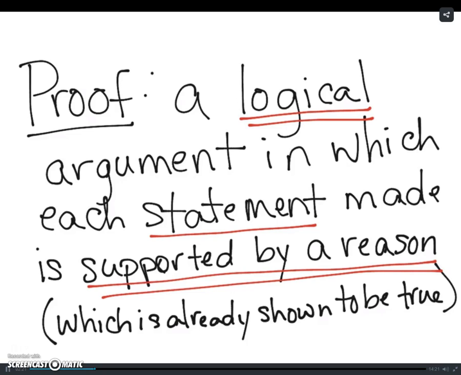Okay. The last thing that's really important here is your reason that you're giving has to already be shown to be true. So you can't just make something up and assume that it's going to be okay. We have to be able to say that that's okay. So in the same example, fingerprints weren't considered very important right at the beginning of all the CSI kind of stuff until they were able to prove, and they had to do a lot of research to do this, they were able to prove that everybody has different fingerprints.